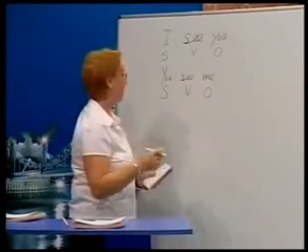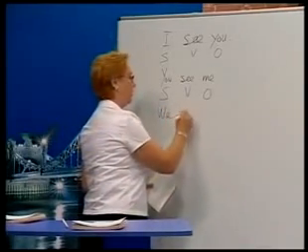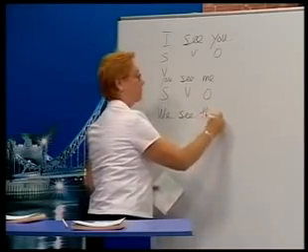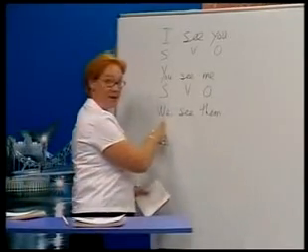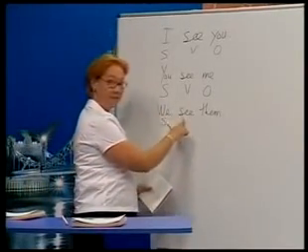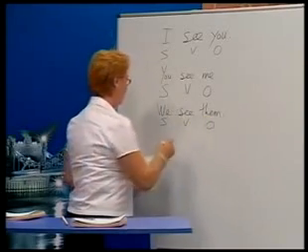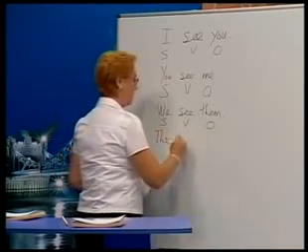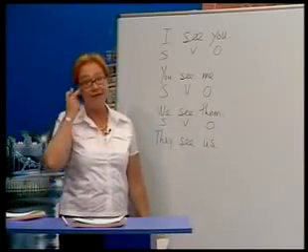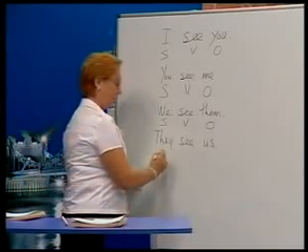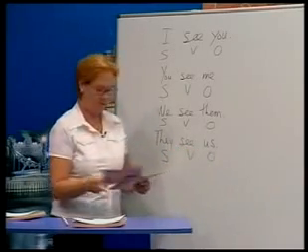And of course this is an object. Okay, another example. We see them. Subject, verb, object. And the last example, they see us. Subject, verb, object.